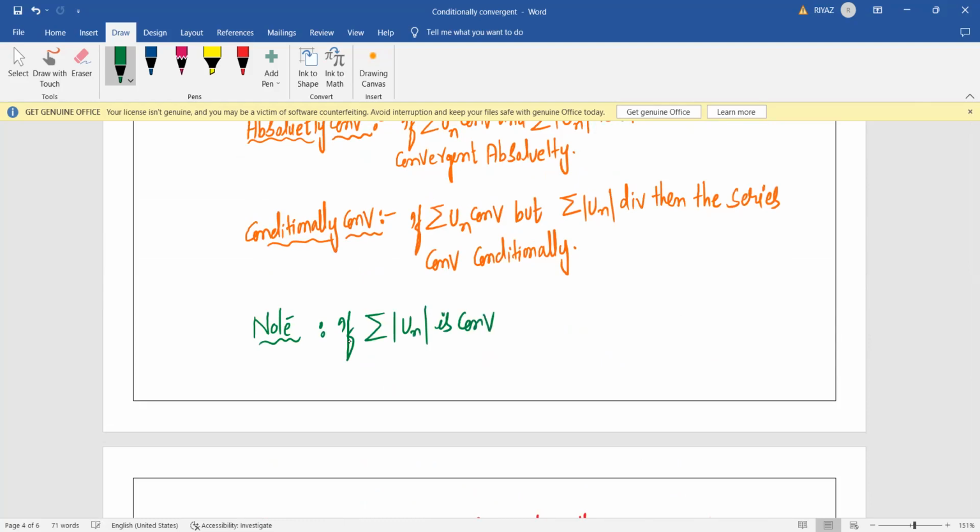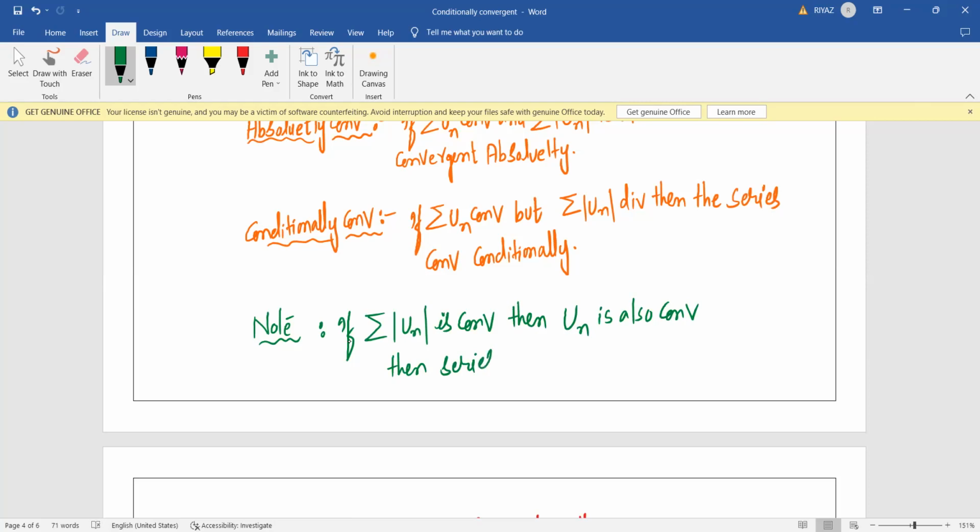The example is: suppose a student is in engineering, it means he already passed 10th class. This is the best example. If summation mod un is convergent, then un is also convergent. That means the series is convergent absolutely.